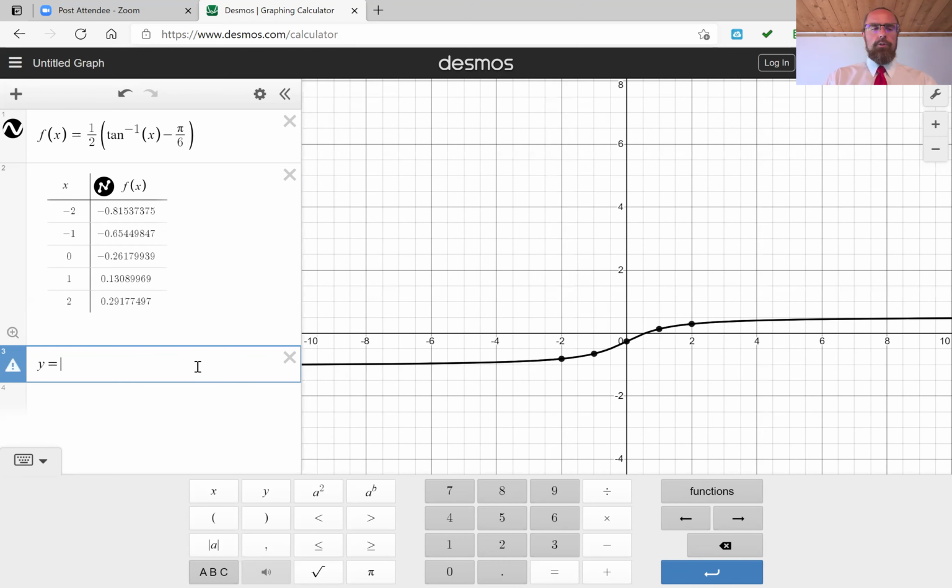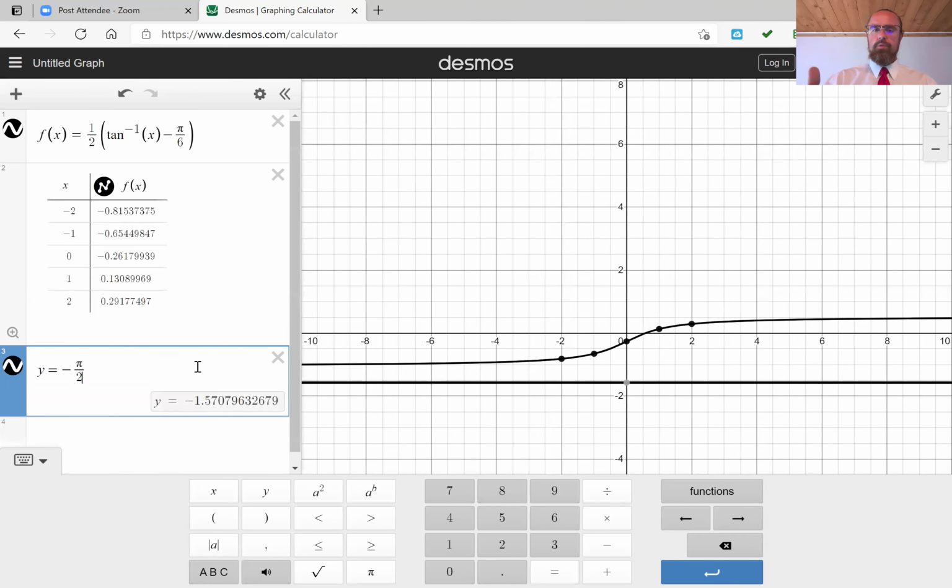The usual ones would be -pi/2 and pi/2. Now, if I just type in -pi/2, you can see that that's way lower than my actual graph. It's because I've also got a phase shift here, and I've got a change in period. So using that half and the pi/6 that I see in my equation, that's pi/12.